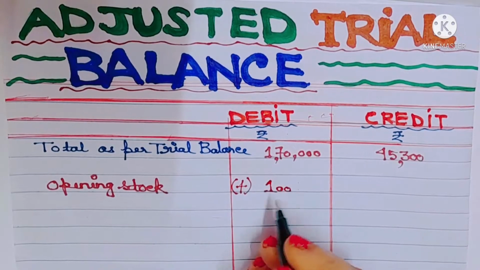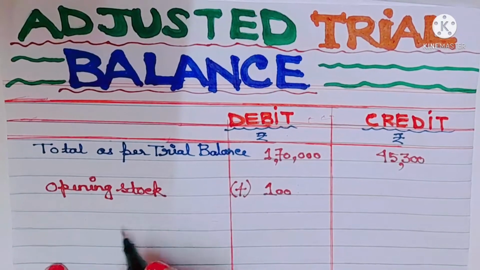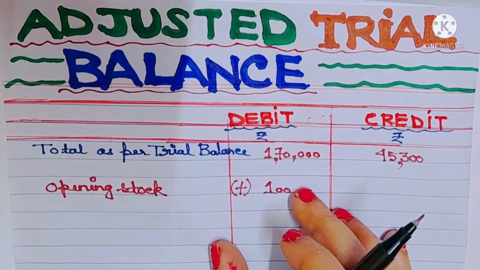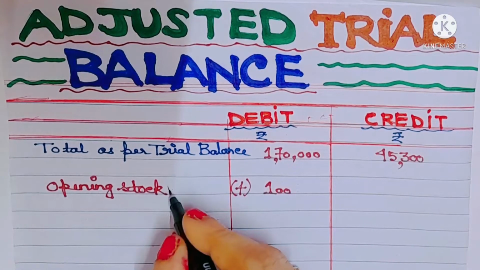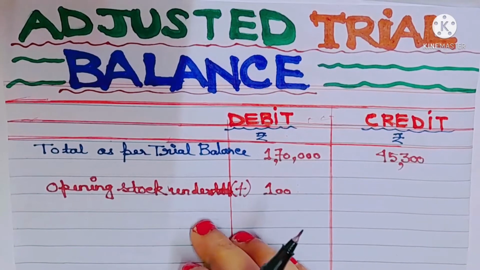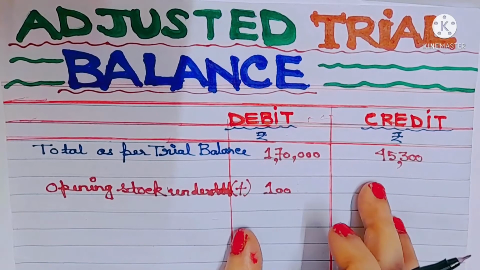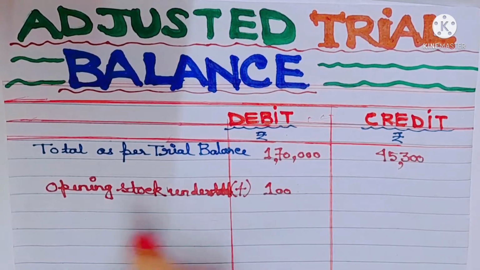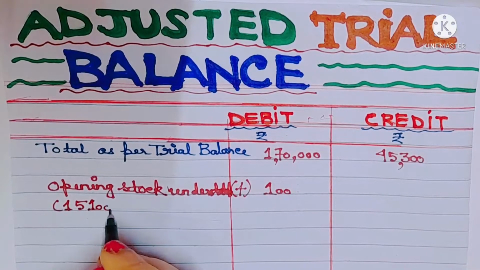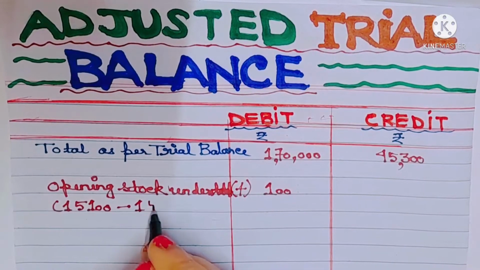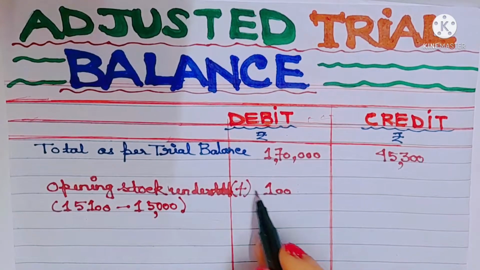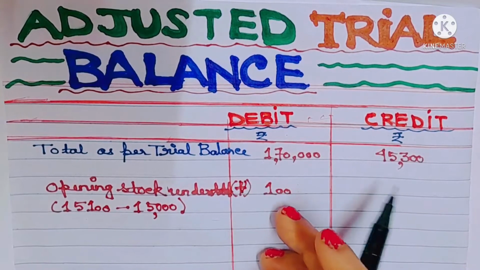We'll have to do this problem like this. So we'll write opening stock understated, because 100 rupees has been shown less. 15,100 minus 15,000. Understood? So plus 100.